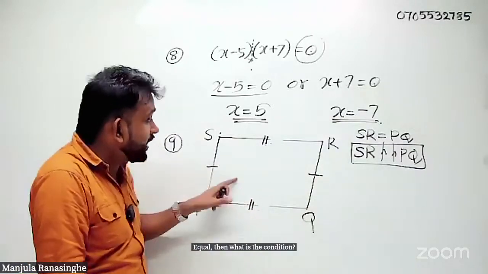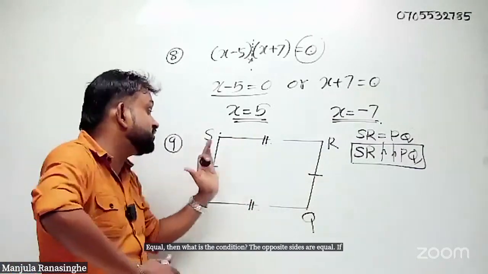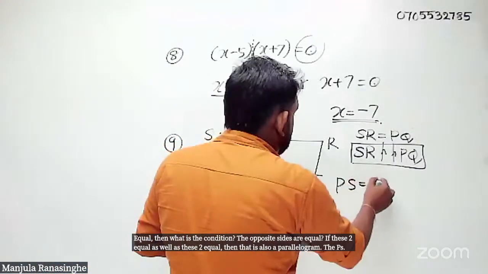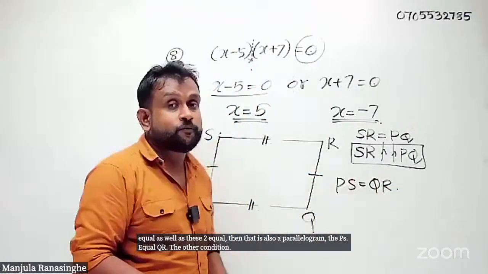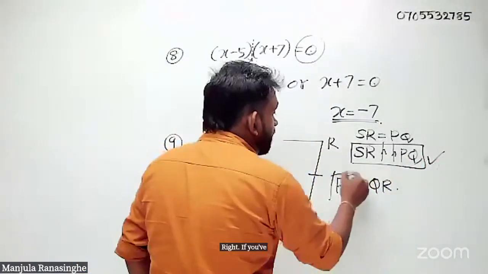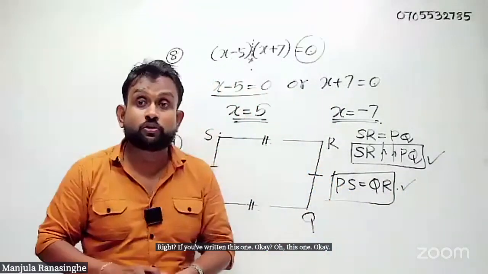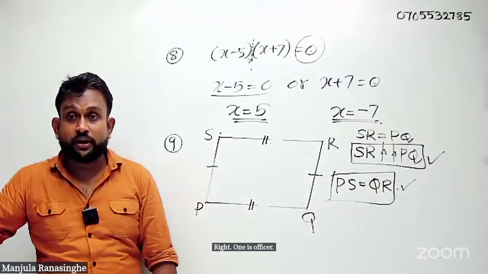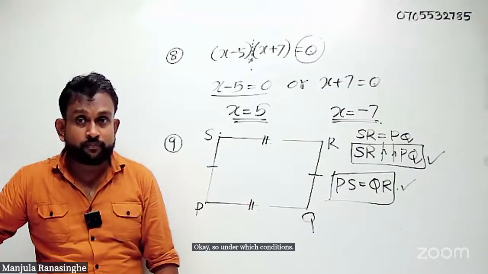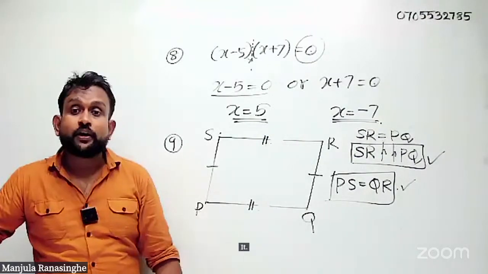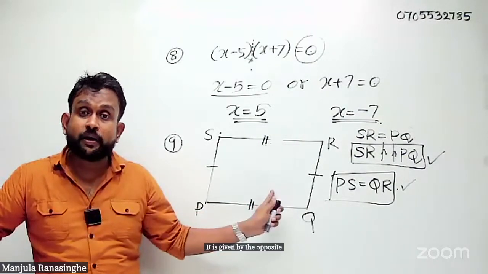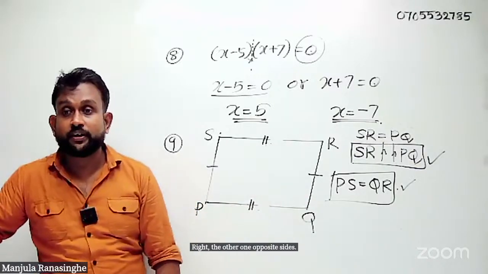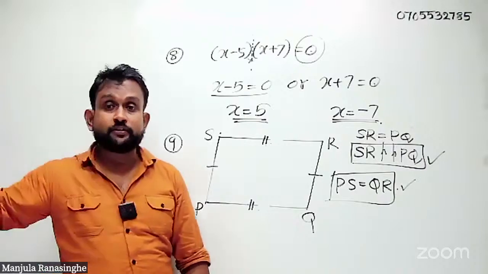The opposite sides are equal, and that is also a parallelogram. PS equals QR is the other condition. If you've written this one or this one, both are okay, but you need not mention both. One is sufficient. Okay, so under which conditions is it given? It is given by the opposite pair being equal and parallel, right? The other one is that opposite sides are parallel. Okay. Right, now move to question number 10.